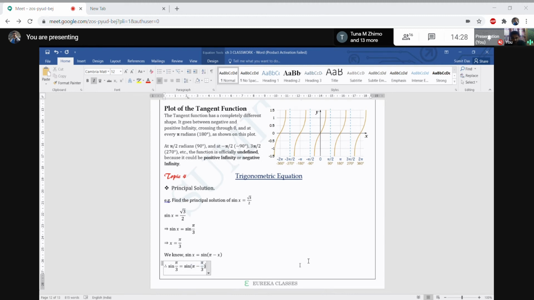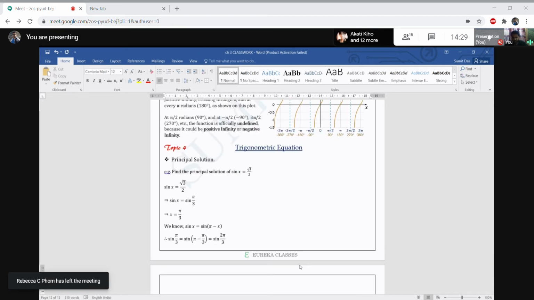If you simplify this, you will get sin 2 pi by 3, right? Understood?